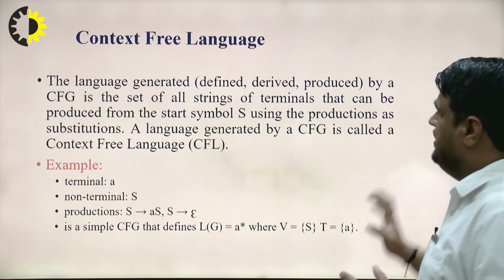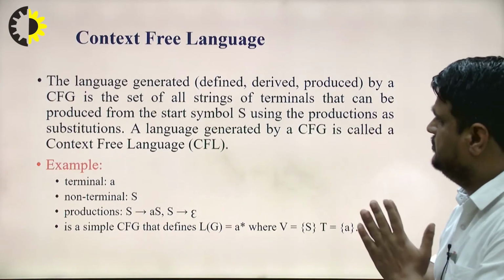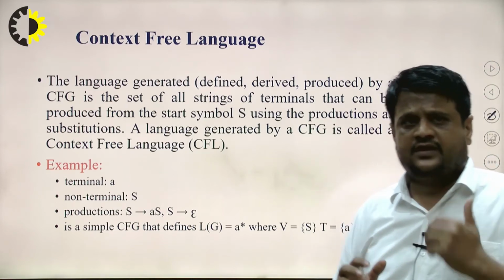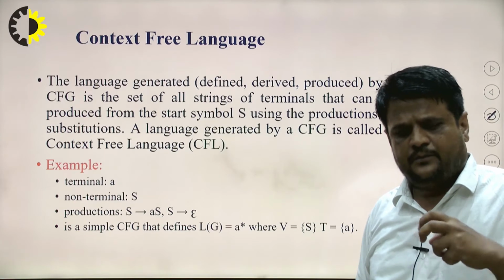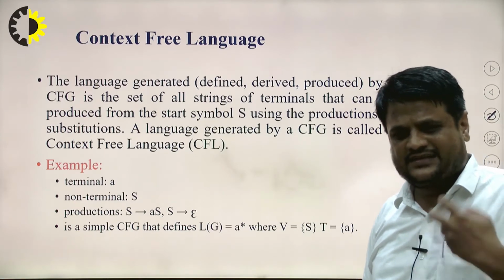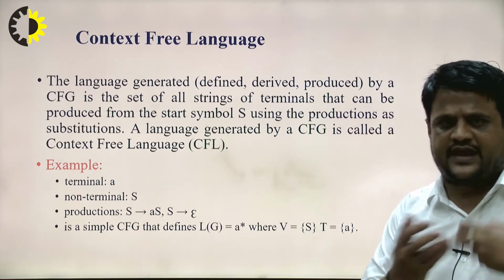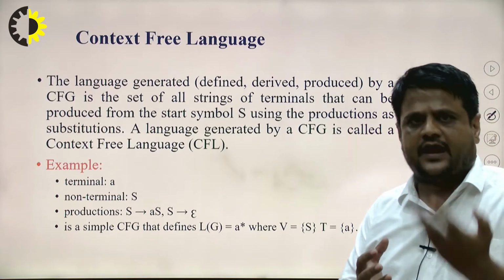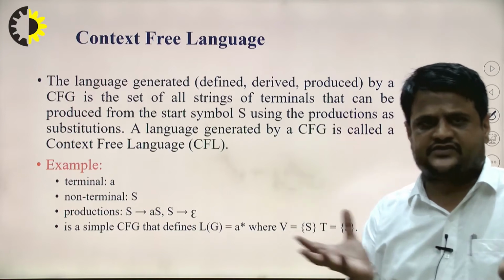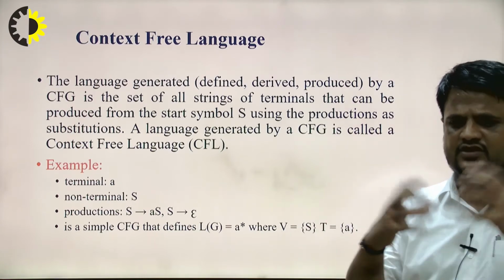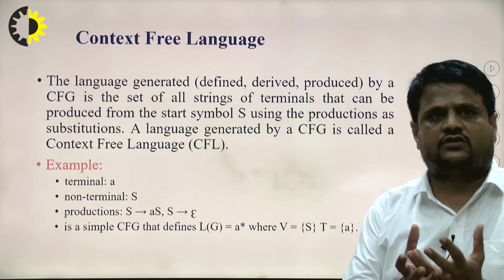Now we will move to the context-free language. The context-free language is the collection of the strings that is derived by a particular context-free grammar. If a context-free grammar generates a set of strings, then the collection of those strings is called the language.